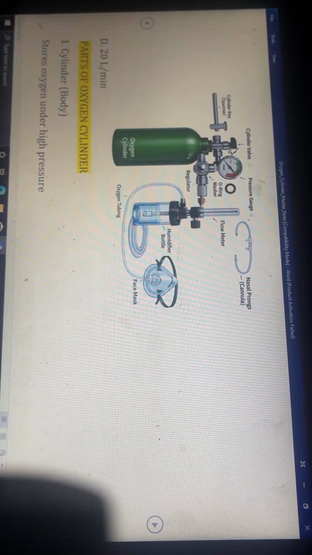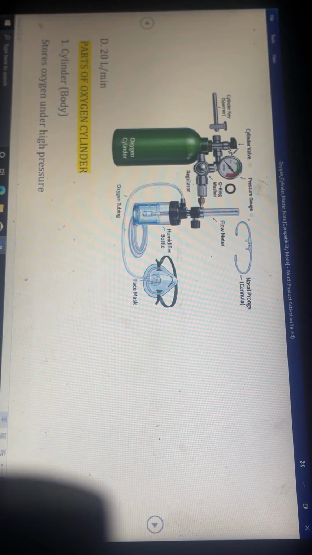In that same way, the cylinder valve is there to do what? To either open or close. Just like the valves of the heart, when they are open, blood passes from one chamber to another. When closed, no blood is passing, so that the other chamber will refill. In that same way, with the cylinder valve, when it is open, oxygen flows out to the patient.